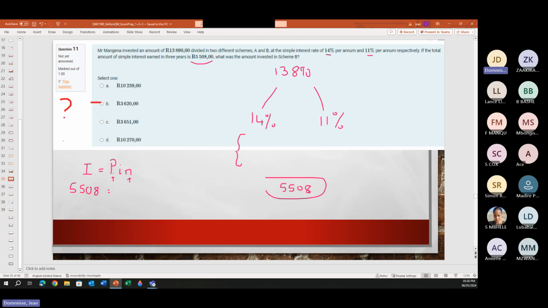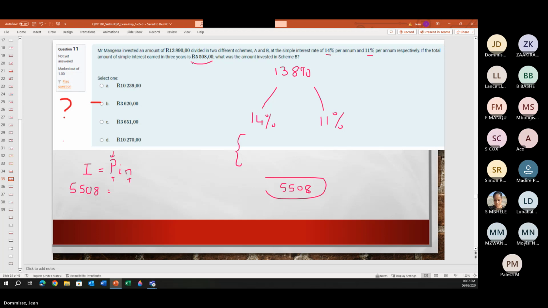If a total amount of simple interest is earned in 3 years. Shoo, this is actually a difficult one. Does anybody have an idea what to do with this one? You can look at the simple interest. We might get an average interest, but will that help us at all to say what this split is?